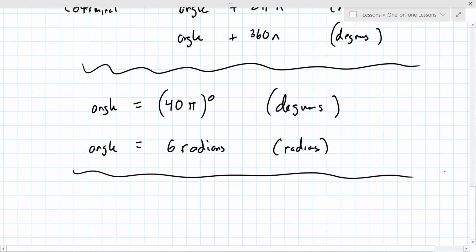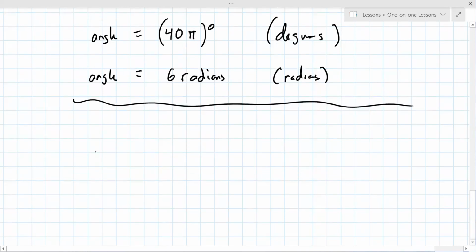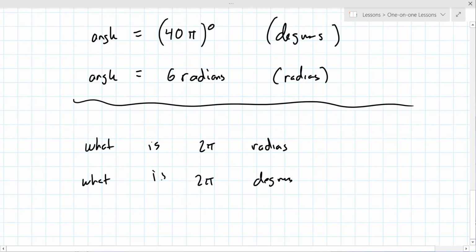And they often ask you, like, what is the difference between 2 pi radians and 2 pi degrees? Okay.